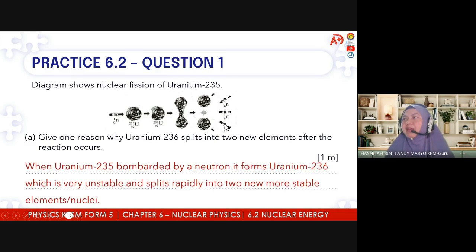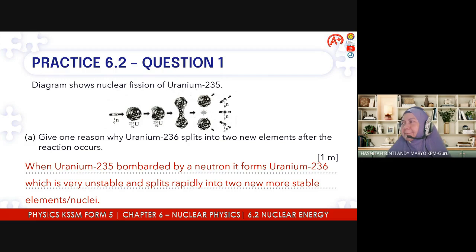So the reason is, when uranium-235 is bombarded by a neutron, it forms uranium-236, which is very unstable. So it needs to split rapidly to form new, more stable nuclei. That is the reason.